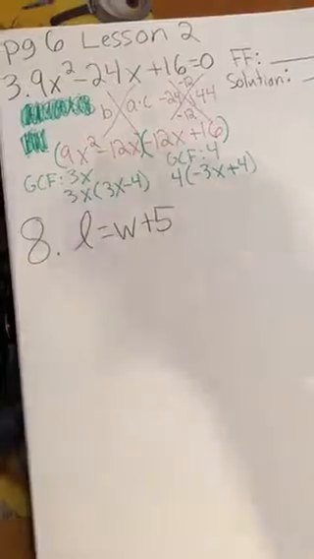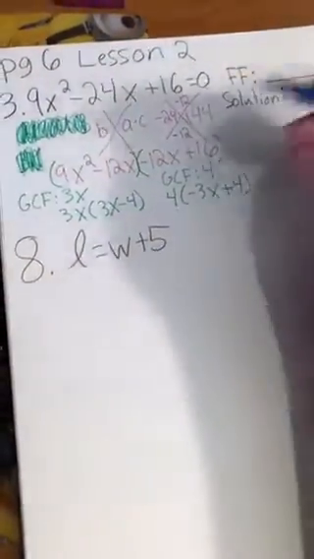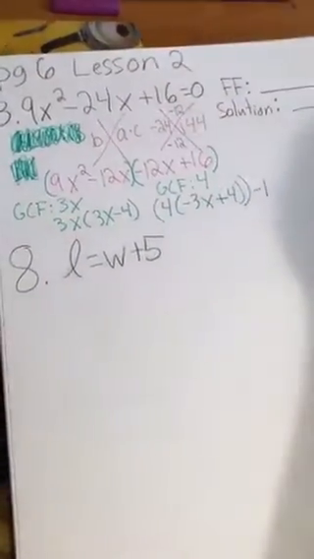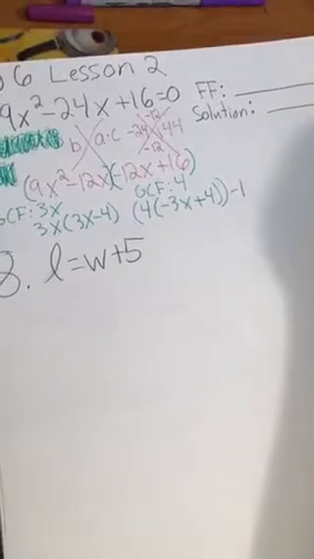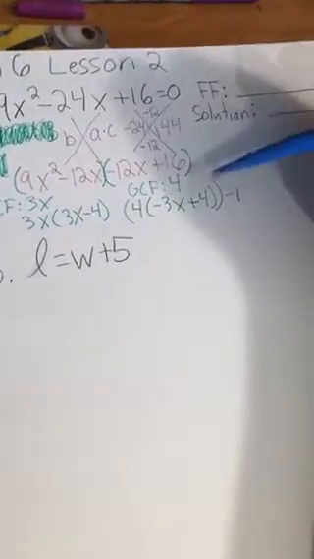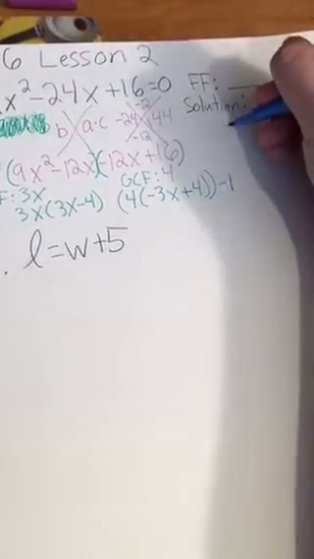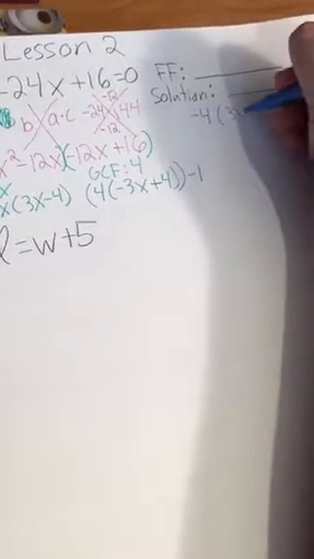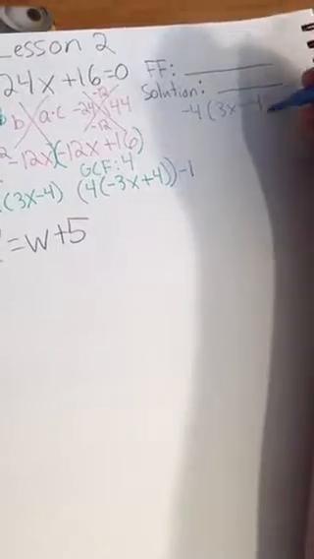So what if we came in here and multiplied the whole second group by negative 1? Would this give us our repeating parentheses? It would. So this whole parentheses would end up negative 4 times positive 3x subtract 4.